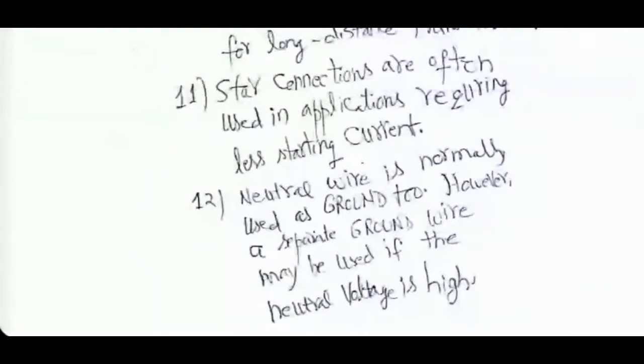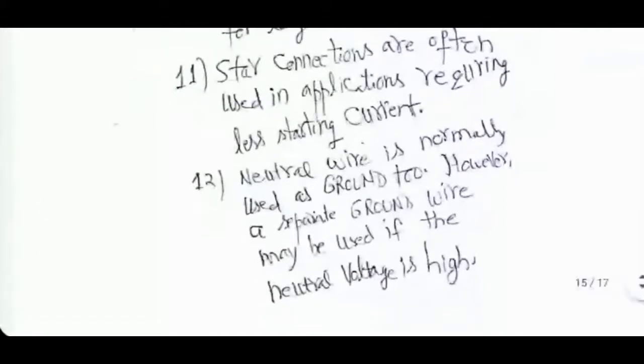Now, besides the neutral wire, there's a fifth wire also, ground wire, which is normally not mentioned in the books, but it is there. It is always kept at zero potential. Neutral wire also is at zero potential in theory for balanced systems. But in reality, although we have not done the calculations, for an unbalanced system, neutral wire will turn out to have some potential. It may be high also.